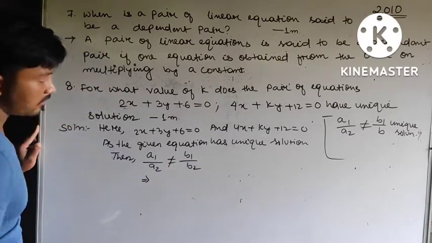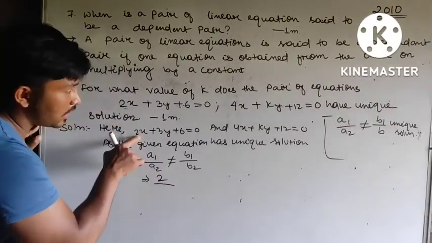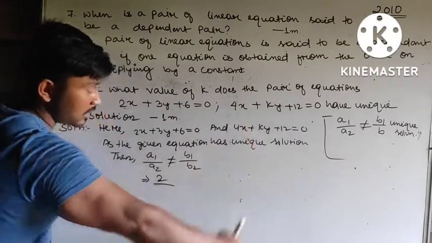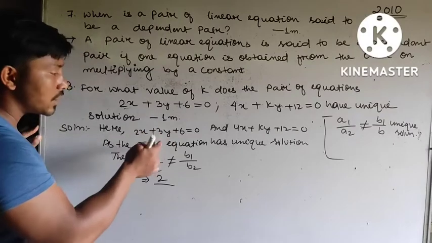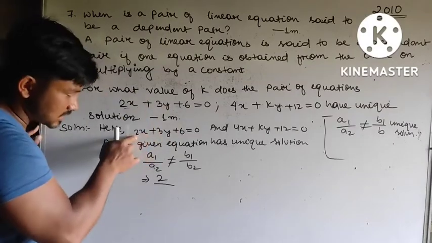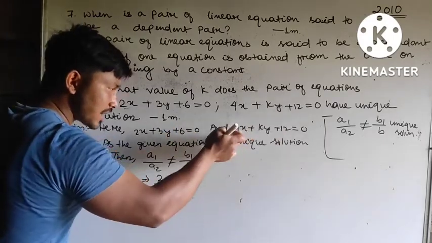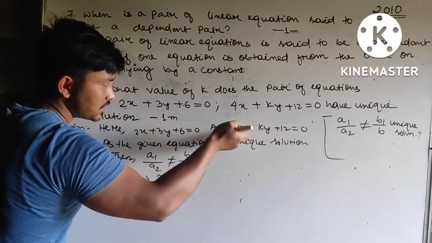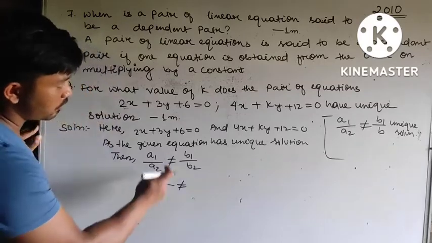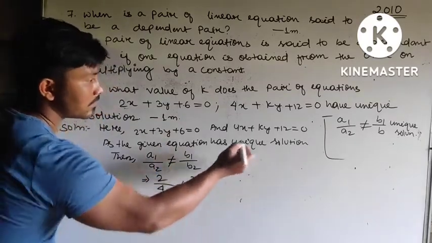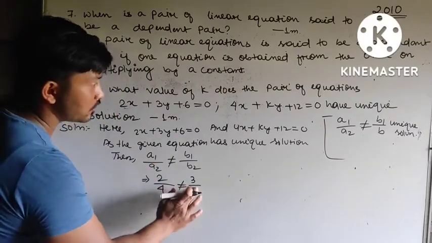The value of a1 is 2, and a2 is the number in front of x in the second equation, that is 4, not equal to b1, which is 3, and b2 is k.